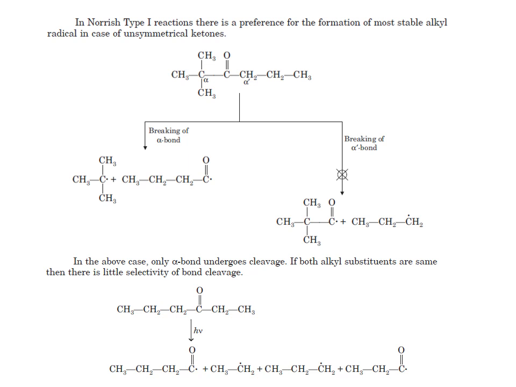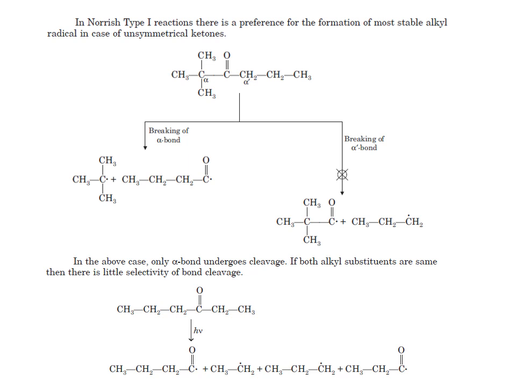But the tertiary alkyl radical is quite stable. But if this alpha dashed bond breaks, then it will produce a tertiary acyl radical and a primary radical, which is not stable. That's why there is always a preference for the cleavage of the alpha bond to produce the most stable radical.